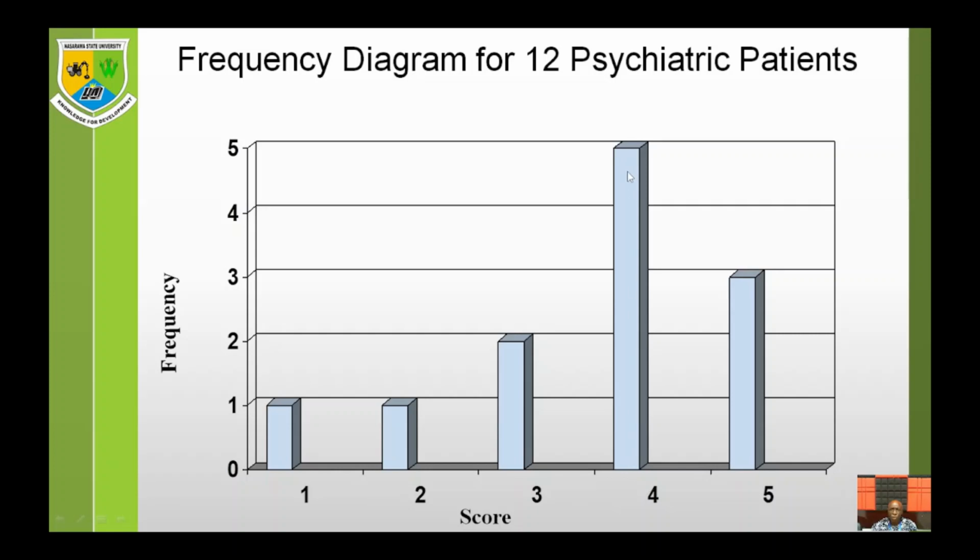The score of 4, which is the highest, recorded a frequency of 5, and it is here recorded on 5. And then score number 5 recorded 3 frequencies, and here it is.